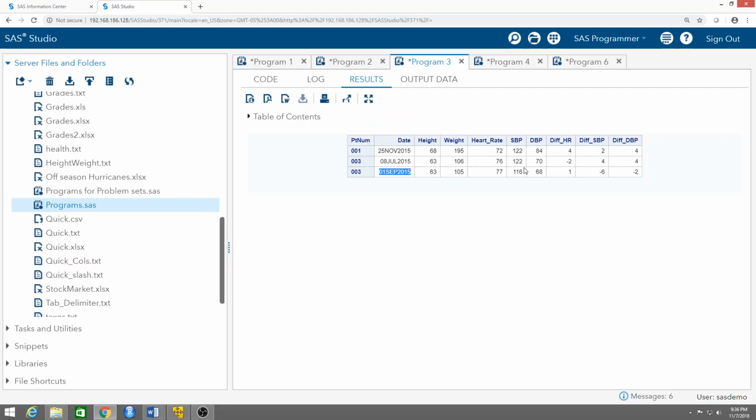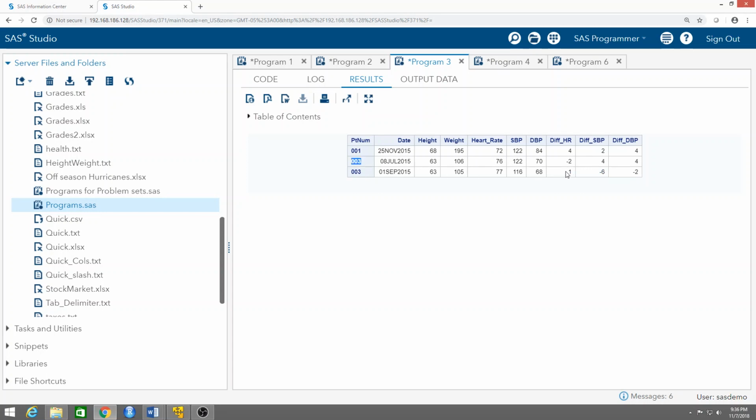Heart rate, SBP and DBP. And we have the differences here, which are the differences between the second visit and the first visit. And these differences are actually the differences between the third visit and the second visit.